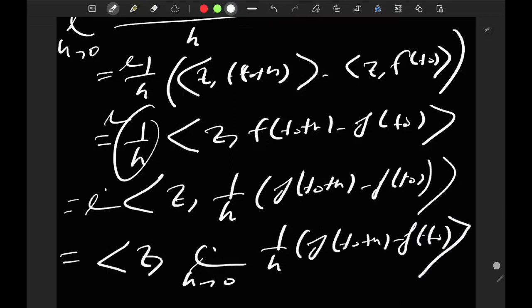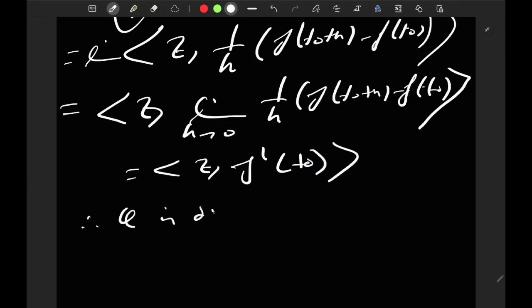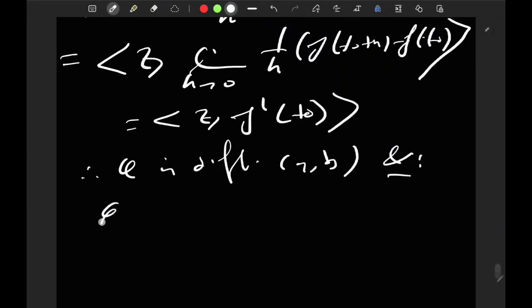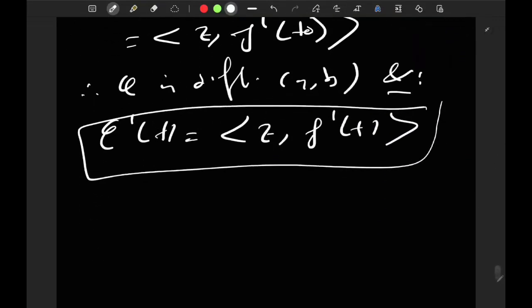And this is just z dot f prime of t0. Therefore, phi is differentiable on (a, b), and phi prime of t is given by z dot f prime of t. It's true for every t inside (a, b).